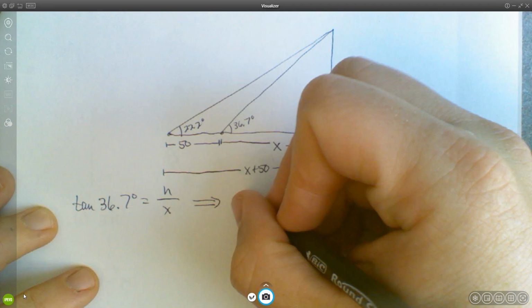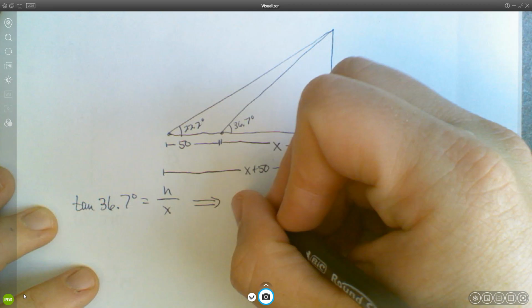Now, tangent of 22.2 degrees is equal to opposite h over adjacent, which is x plus 50. And that means that h is equal to x plus 50 times tangent of 22.2 degrees. Well, if h equals this expression and h equals this expression, then it should be the case that these two expressions are equal.